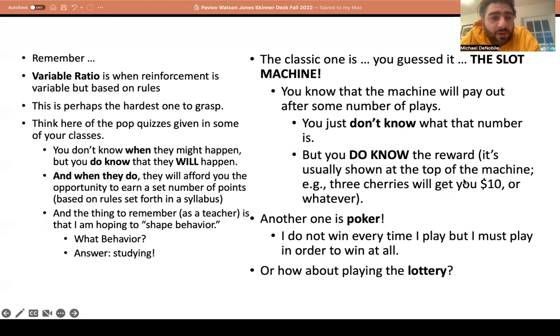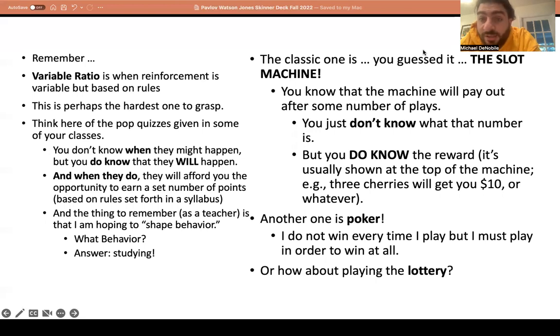Variable ratio is when reinforcement is variable but based on rules. This is perhaps the hardest one to grasp. Think here of pop quizzes. You don't know when they might happen, but you do know they will happen at some point. And when they do, they will afford you the opportunity to earn a set number of points based on rules set forth on a syllabus. And the thing to remember as a teacher is that I am hoping to shape behavior.